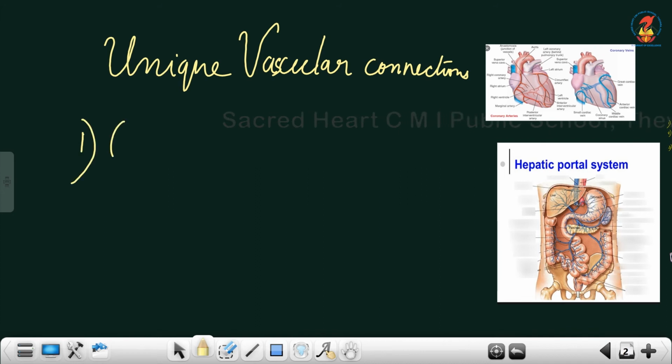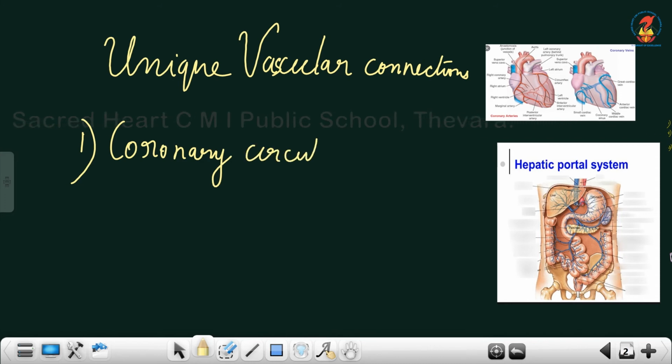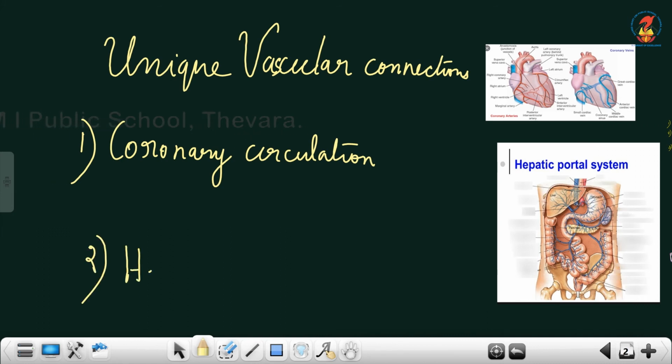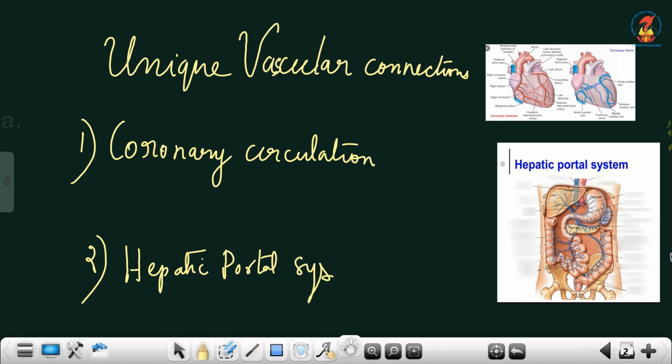One is the coronary circulation, and the second unique vascular connection is the hepatic portal system. This is very unique to human beings. Now I am going to show with the help of pictures. First, the coronary circulation.